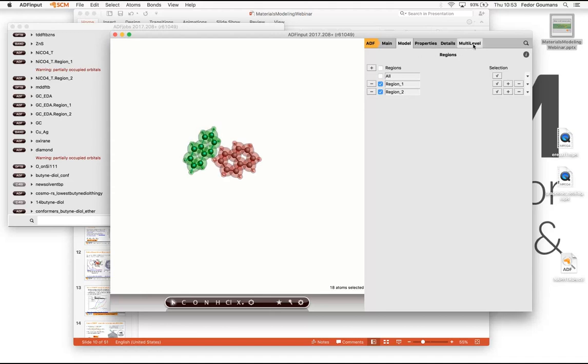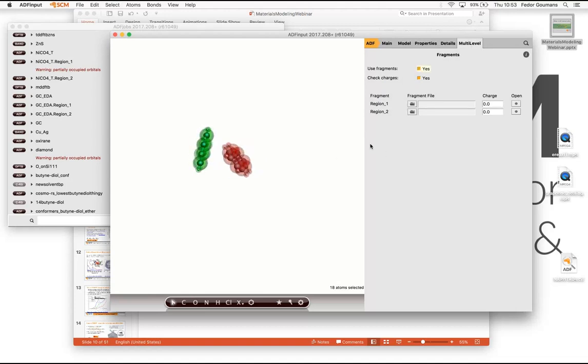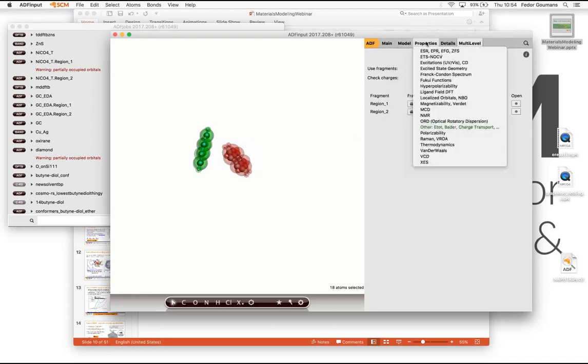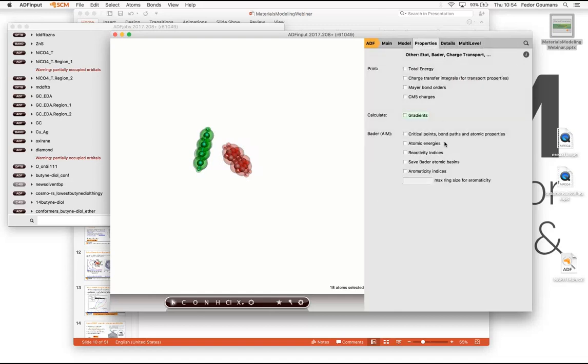And that's region 2. And then we say in the multi-level fragments that we want to do a fragment calculation. And this fragment calculation can then be used to calculate the charge transport properties. So in the properties charge transport, we select charge transfer integrals.